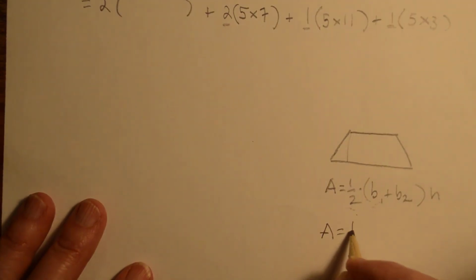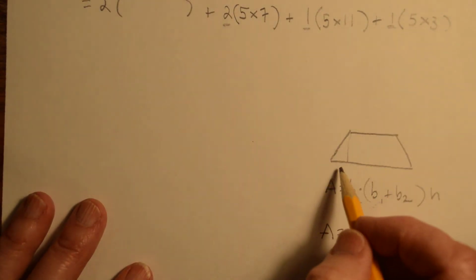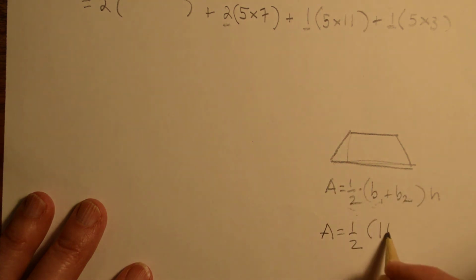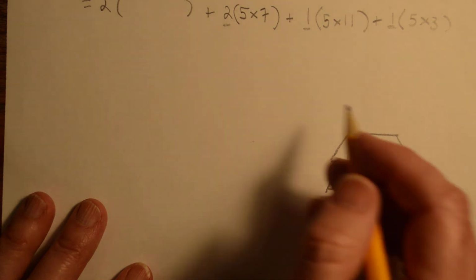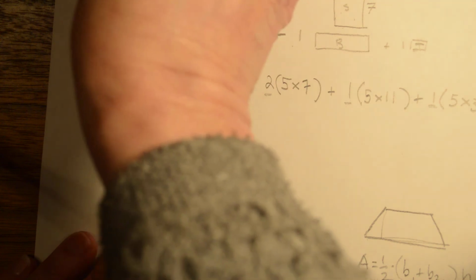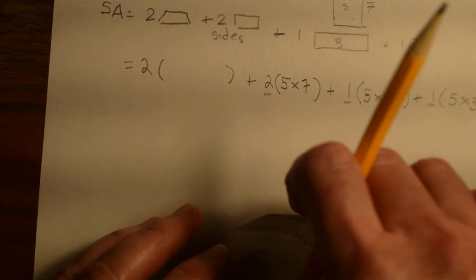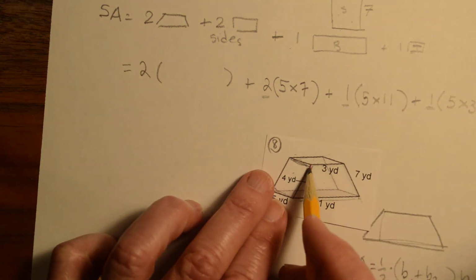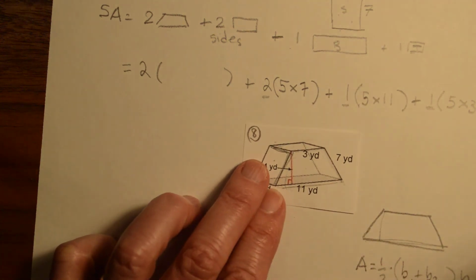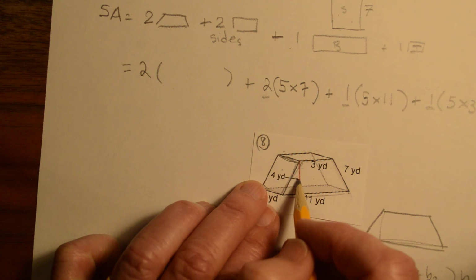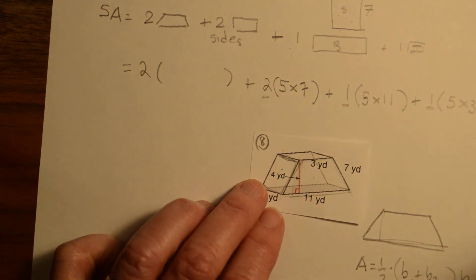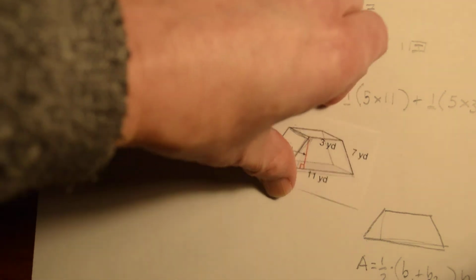So we've got area equals 1/2. The larger base, this one right here, is 11. The smaller one up at the top, again, let me move this picture down here, the smaller one up at the top is 3, so we're going to have 11 plus 3. And the height, again, that's where that somewhat insignificant looking 4 comes into play. It's not insignificant.